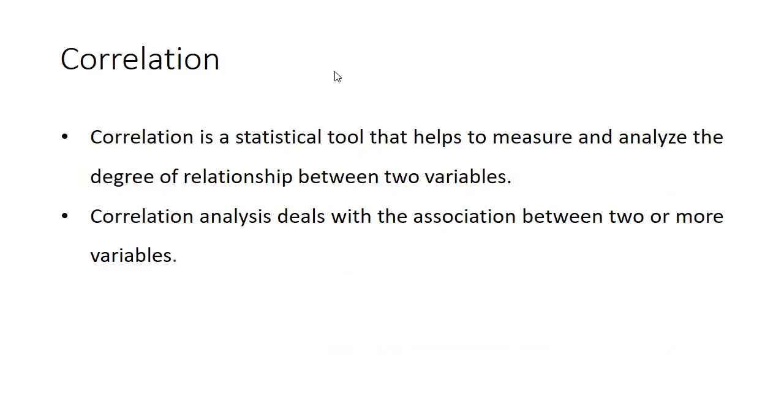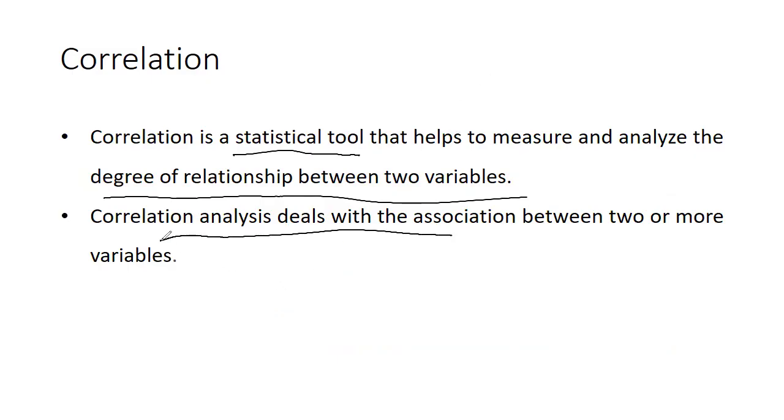Correlation is a statistical tool that helps to measure and analyze the degree of relationship between two variables. So we can check whether the two variables are highly related, moderately related, or lowly related. It may be positive and negative both. Correlation analysis deals with the association.